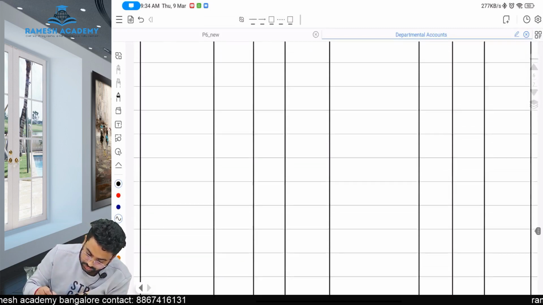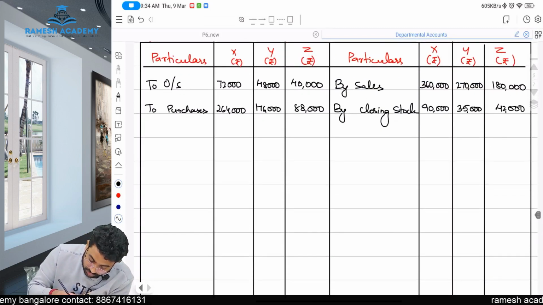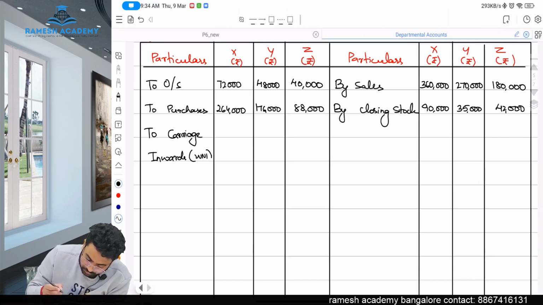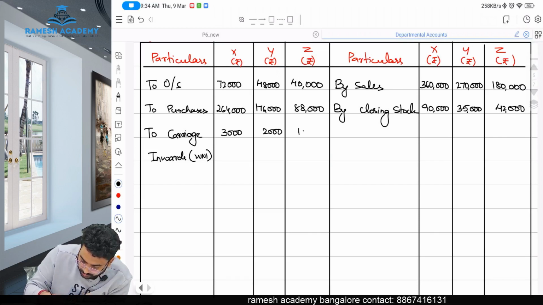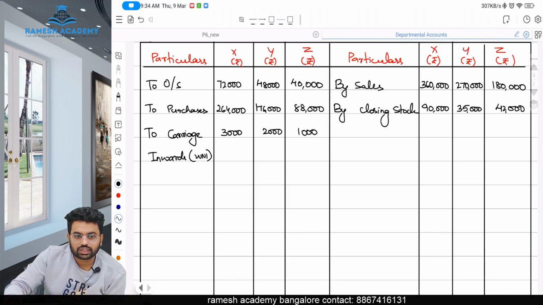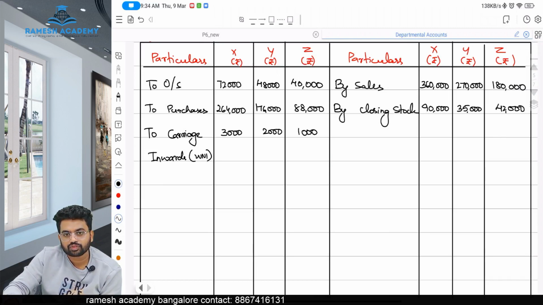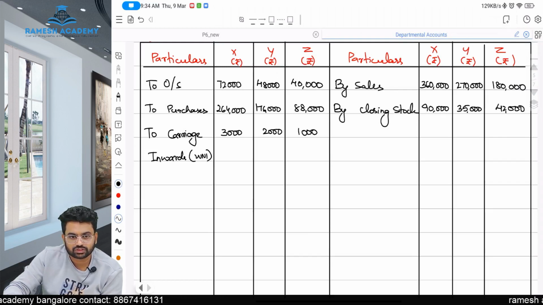So in working note 1, carriage inward: 3,000, 2,000 and 1,000. Just tell me whether it's clear or not, this allocation thing. Is it clear? Yes, okay.